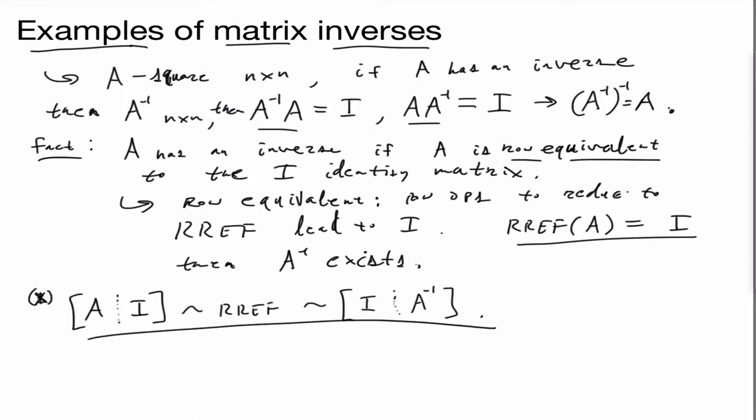Let's do that for an example. I'm going to use a really simple example. A is 1, negative 1 in the top row and 2, 1 in the bottom row. Now let's put it into reduced row echelon form.